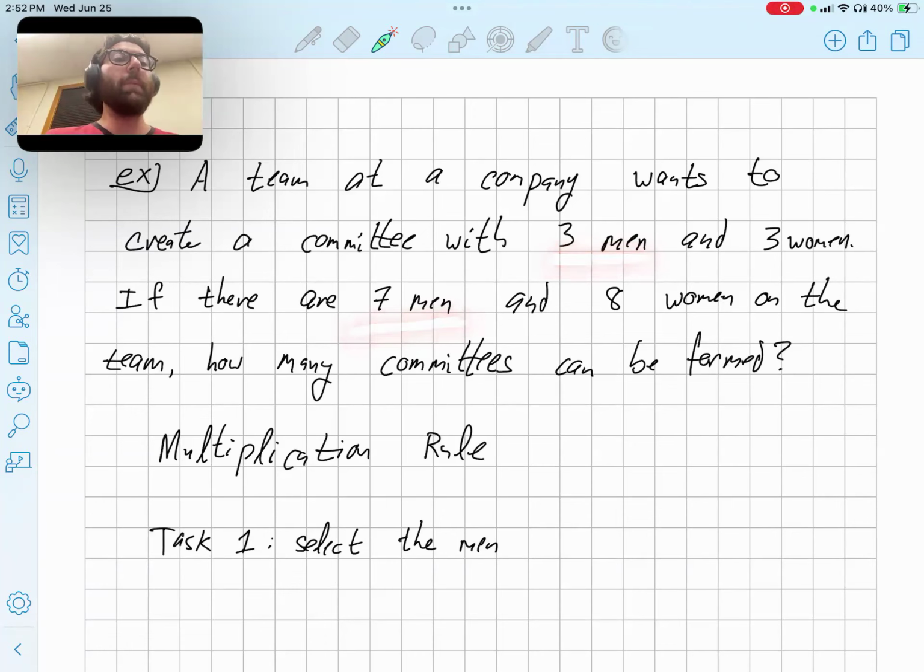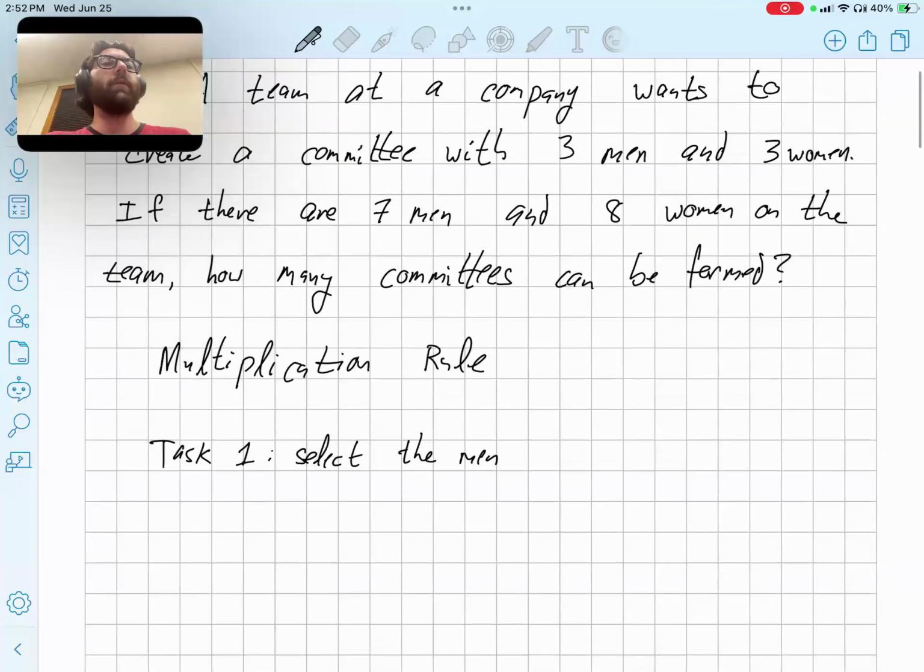So does the order matter? Well, the answer is no, because there's no notion of a ranking. It's just selecting which people are going to be on it. There's no indication that it matters which order they're selected. And so we're going to do a combination.